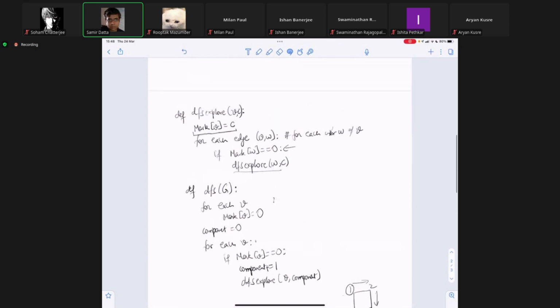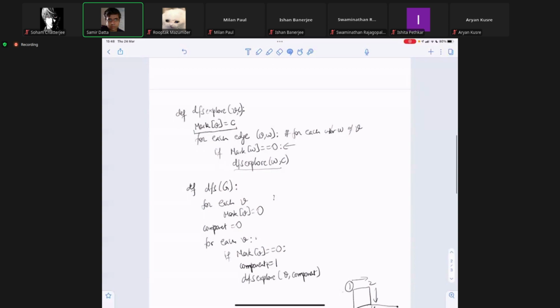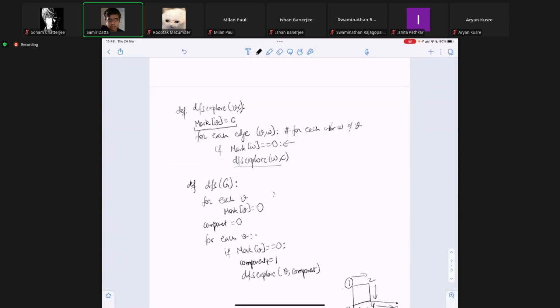Whenever you discover this VW and you are marking W from here, then you say parent of W is equal to V, correct? And initialize parent of V to be equal to -1. Does this make sense?